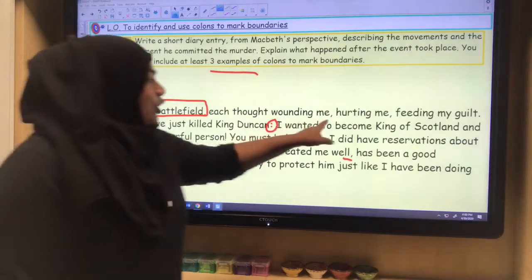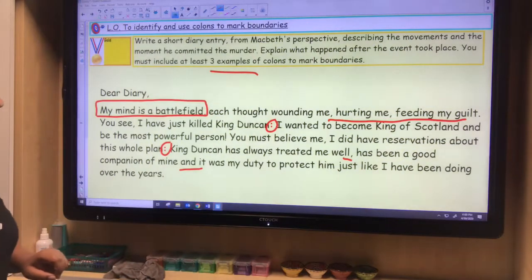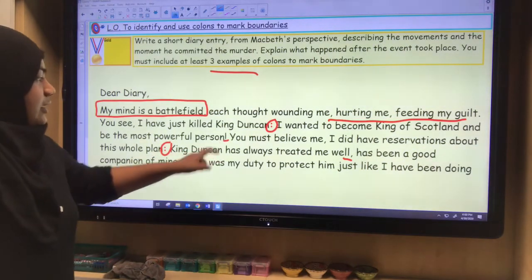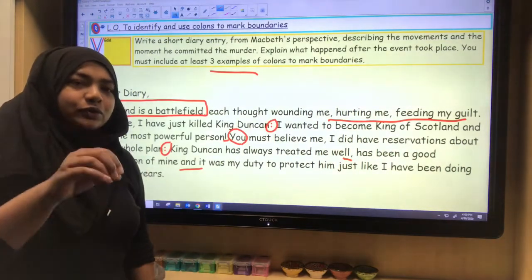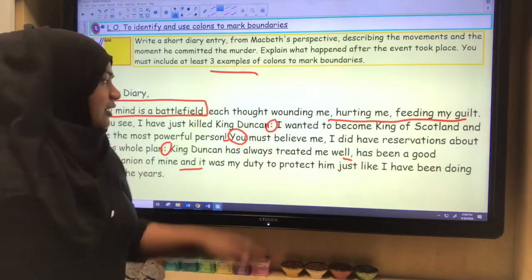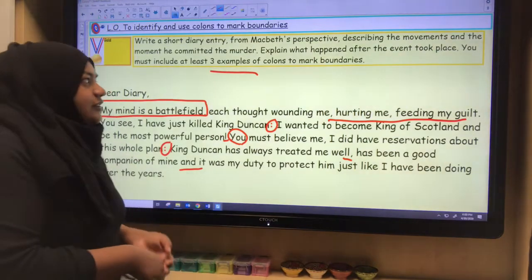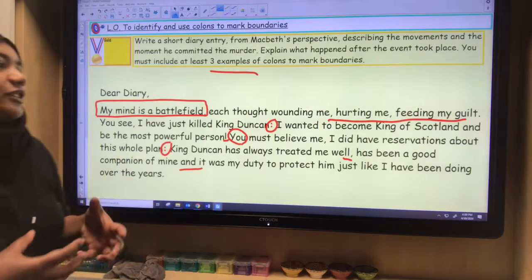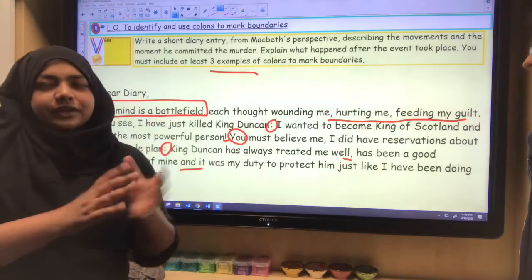And again, I've got commas in the list here, and it's very emotive as well. And using conjunction, exclamation mark, and then actually in a diary you address your diary, so you're talking to the diary as if it's a person. So actually saying you must believe me is quite strong in itself. So for gold, it's just actually harnessing your writing and using colons, but other techniques as well.